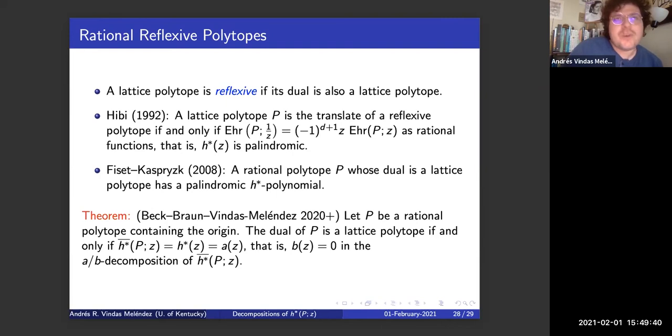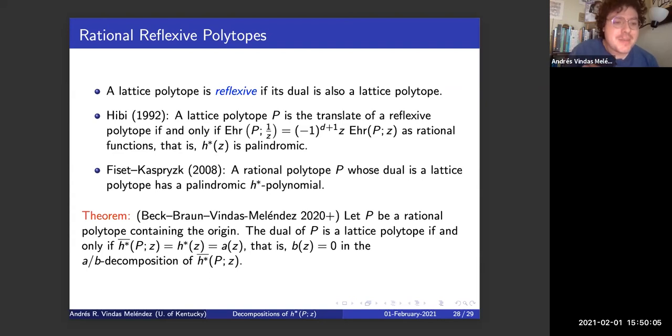They're what we call L-reflexive polytopes. I guess I don't know computationally which way is better, but this does give us at least a test to figure out when a rational polytope has a dual that is lattice.